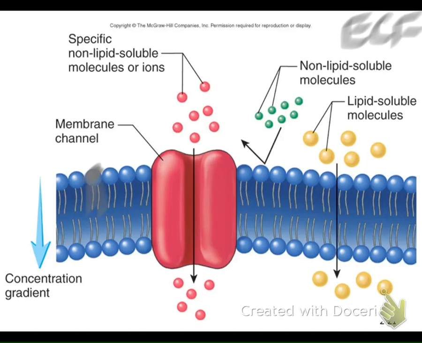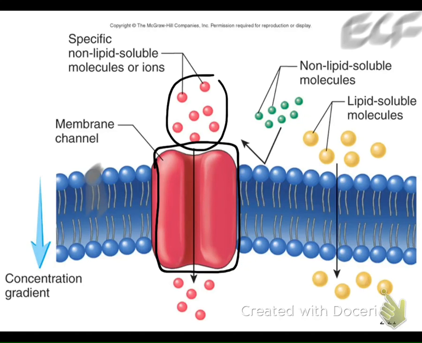And we have this integral protein, this red integral protein. And I see that this protein is specific. It's allowing these little red sphere molecules, whatever they are, to travel into the cell. Now notice out here, there are 7 of these molecules. On the inside, there are only 5.